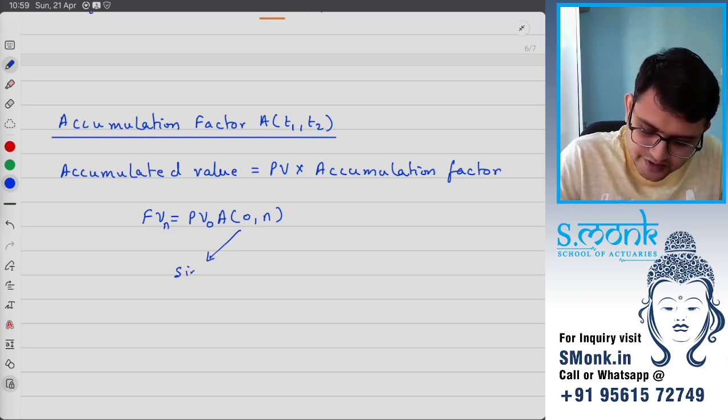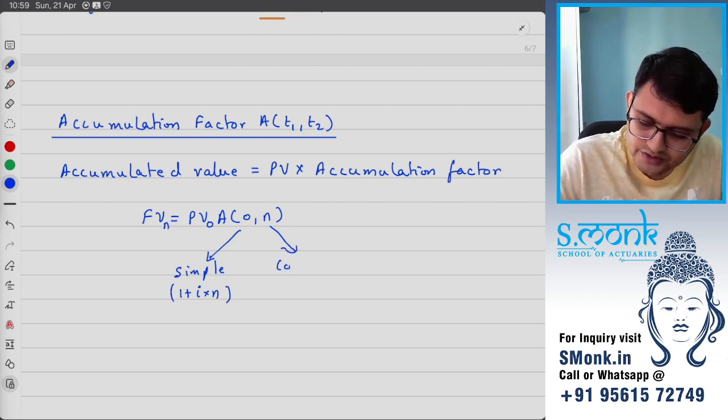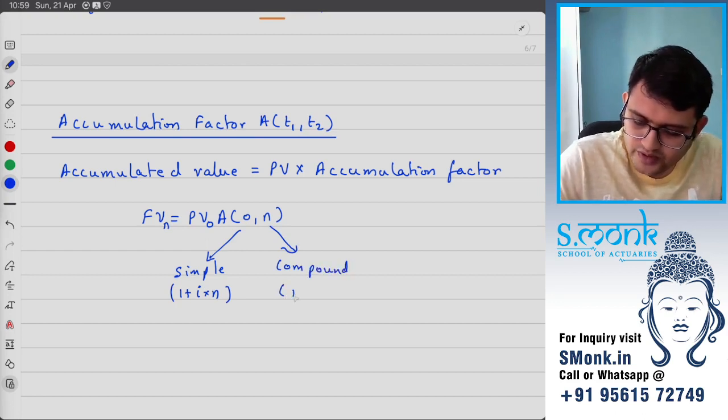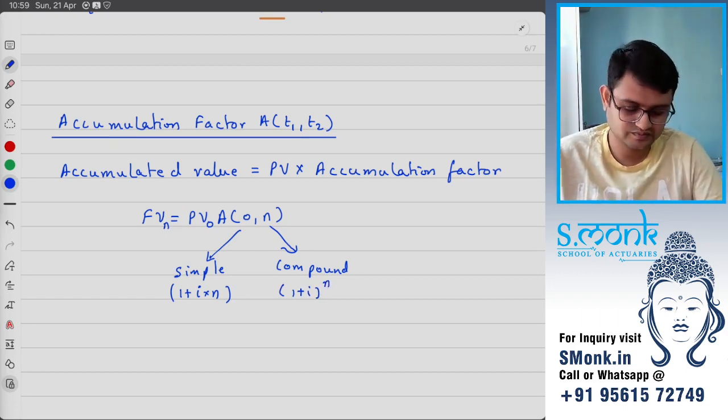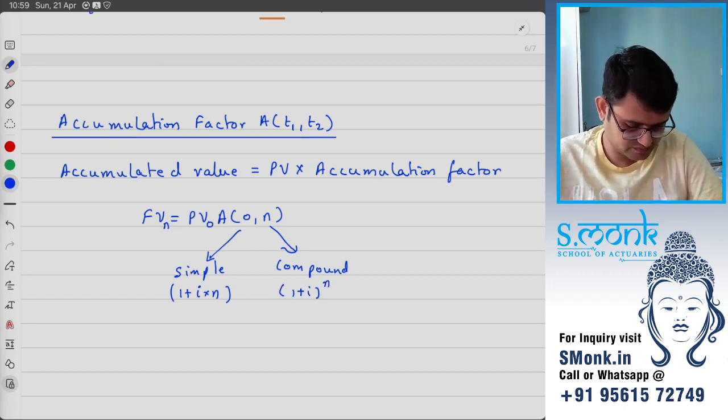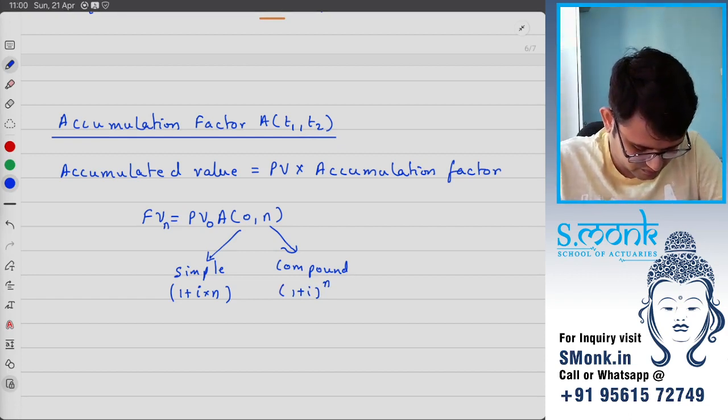So for simple interest, accumulation factor would be 1 plus I into n. For compound interest, it would be 1 plus I raised to n. Is that clear?